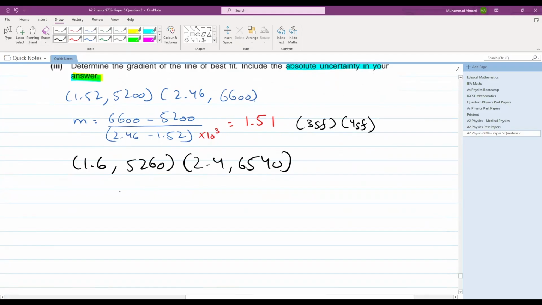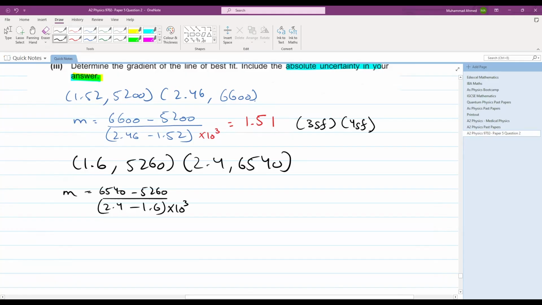Yeah. The gradient of the worst acceptable line is 6540 minus 5260 divided by 2.4 minus 1.6, and the denominator will be multiplied by 10 raised to the power of 3.